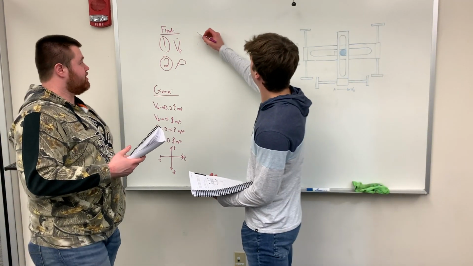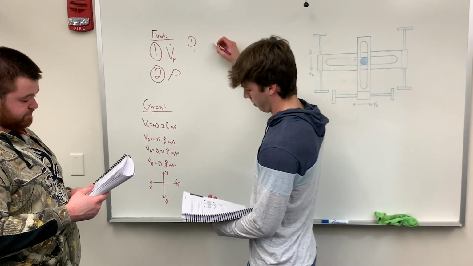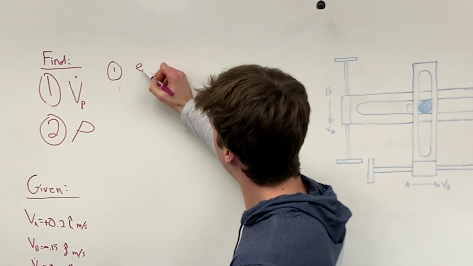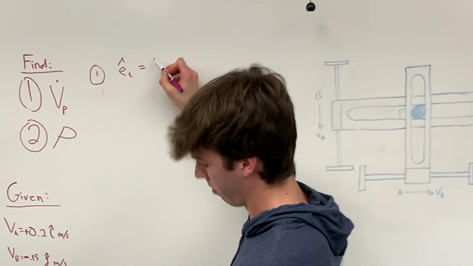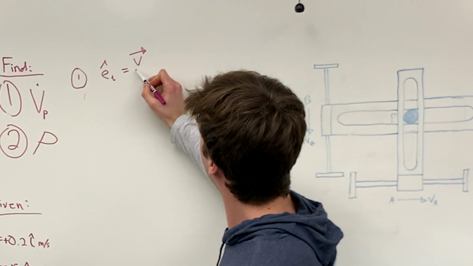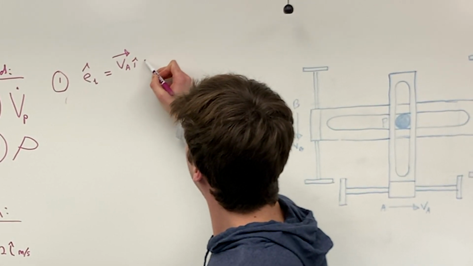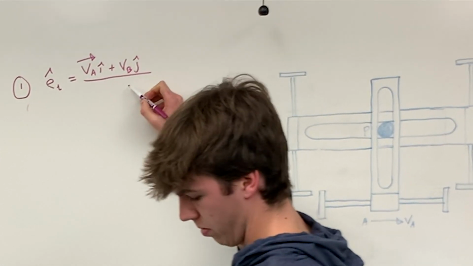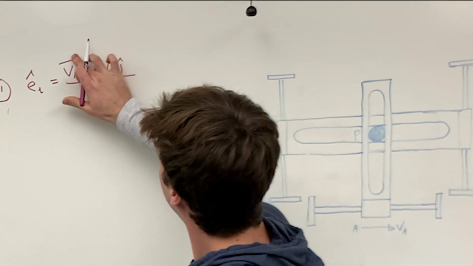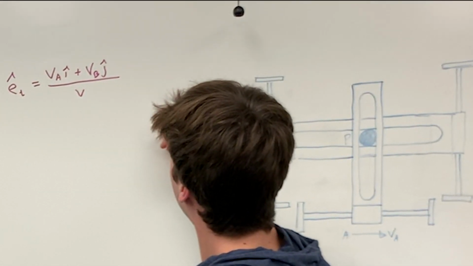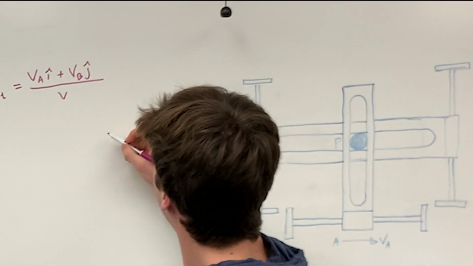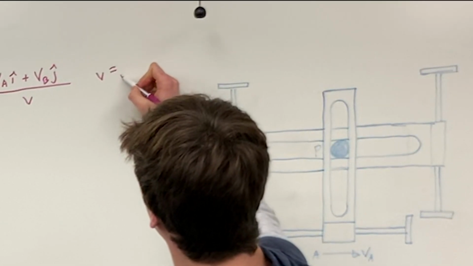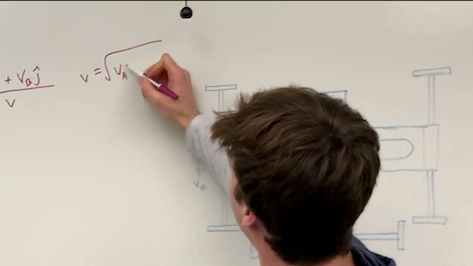So now to jump into our solution. The first thing that we decided to do was to find ET hat, and the formula for that is ET hat equals VA I hat plus VB J hat over the magnitude of the velocity vector. Then to find the magnitude of that velocity vector, you take the square root of VA squared plus VB squared.